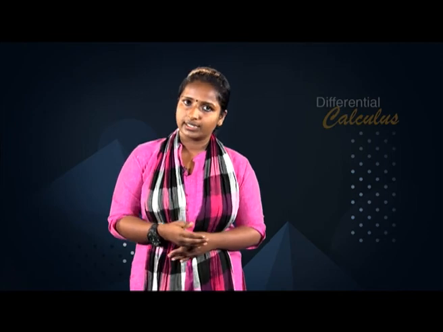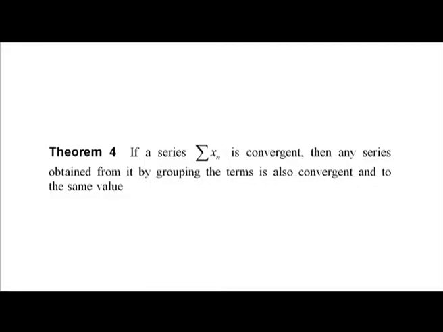It is an interesting fact that such grouping does not affect the convergence or the value of convergent series. Theorem 4. If a series summation x_n is convergent, then any series obtained from it by grouping the terms is also convergent and to the same value. Attention, the converse of the above theorem is not true.